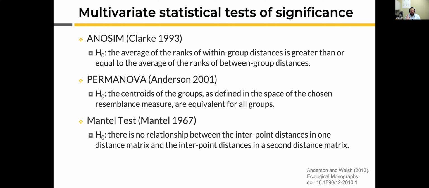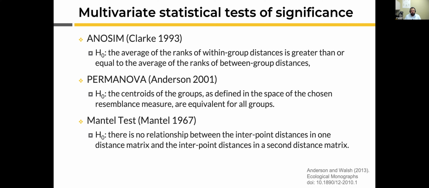The null hypothesis is that the centroids of each of the groups are, more or less, equivalent between groups. And so if the centroids for each of those groups are different, then you'll end up with a significant result.